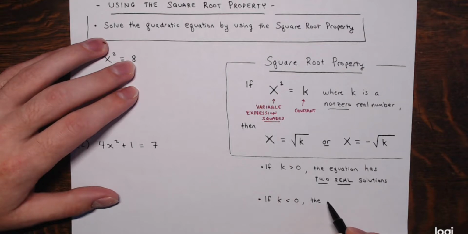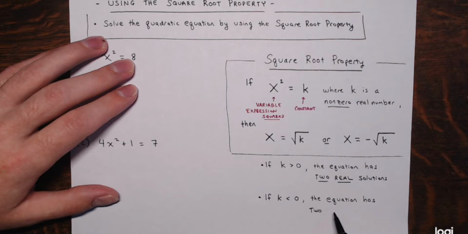So in this case, if K is negative for this square root property, the equation will have, I'll say, two complex solutions with a non-zero imaginary part.